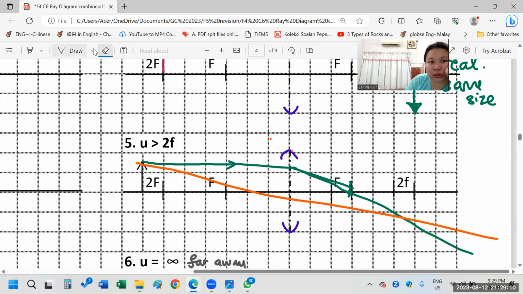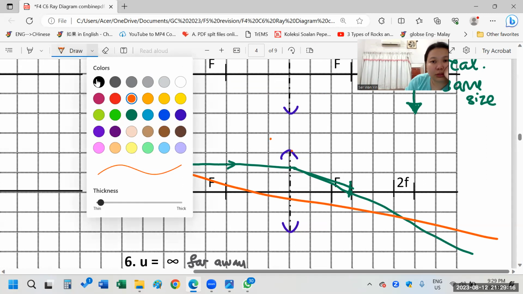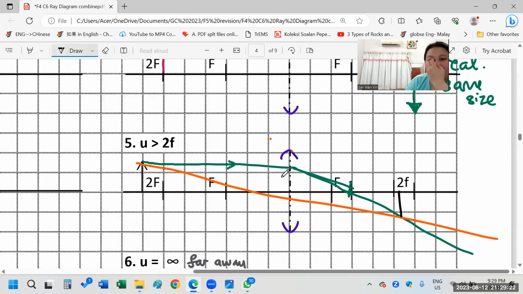So you will get your image from here, less than 2F. So here is U, more than 2F. So your V will be less than 2F.